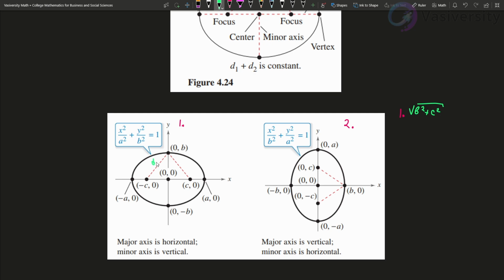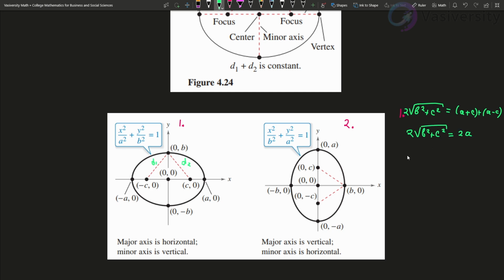This is going to be d1, and this is going to be d2. So we're going to have the same thing, 2 times the square root of b squared plus c squared. And that's equal to the sum of distances from the vertices to the foci. So in this case, it's going to be a plus c plus a minus c. Okay, so if we simplify this, we get that 2 times the square root of b squared plus c squared is equal to 2a.